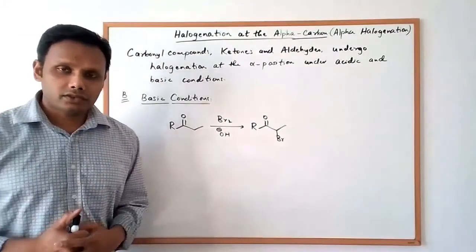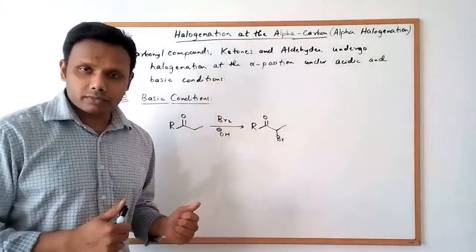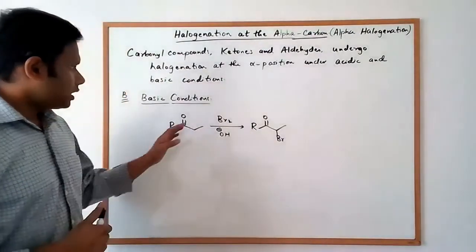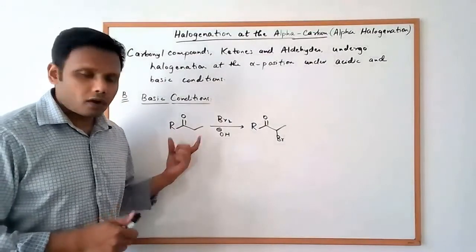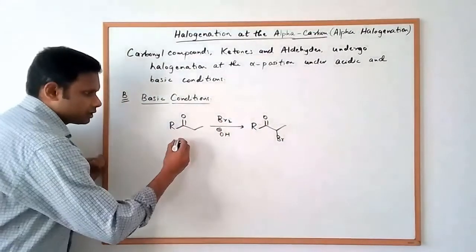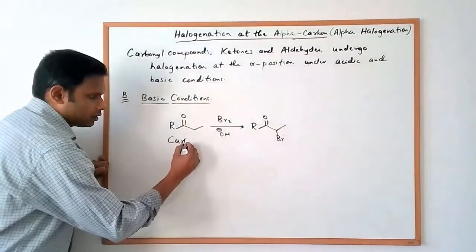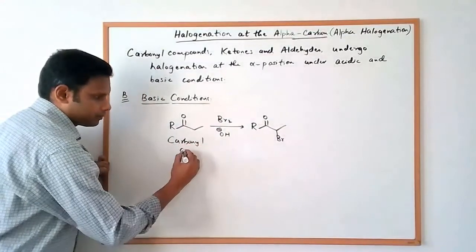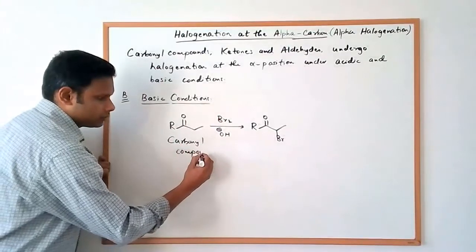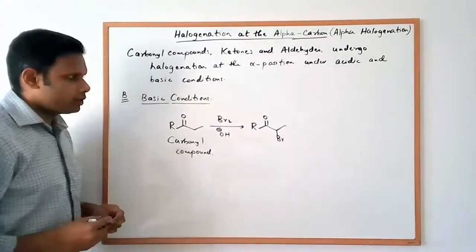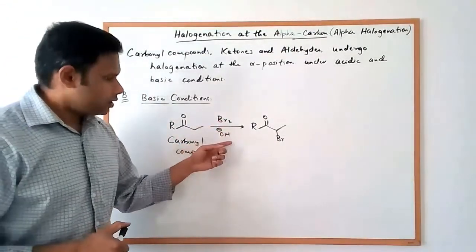Now, the alpha halogenation is also possible under basic conditions. And a general reaction scheme would look like this, where you have a carbonyl compound and you react it with a halogen in the presence of a base.